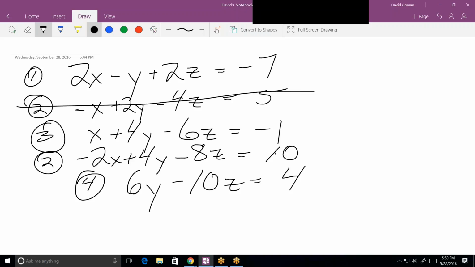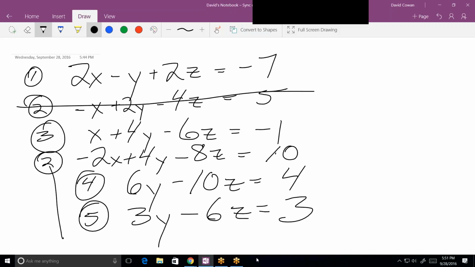So I can definitely add equation 1 to my new equation 2, producing equation 5. What is equation 5 going to look like? It is going to be 3y minus 6z equals 3.